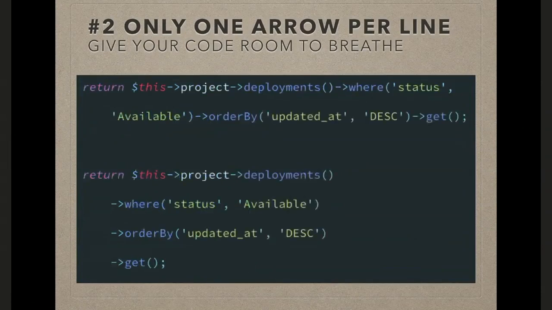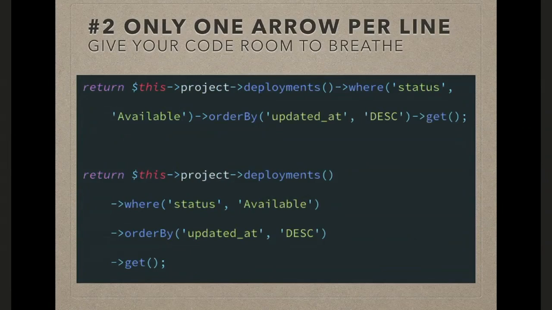Another example here is an Eloquent query, and this is pretty typical of what we would do here. So in the top one, you kind of just have to read along to figure out what the heck's going on, right? But in the other example, we break it out, and it's important to note that it's intentional that the first line has 2 arrows in it, because in this case, we're doing a query on the deployments object.